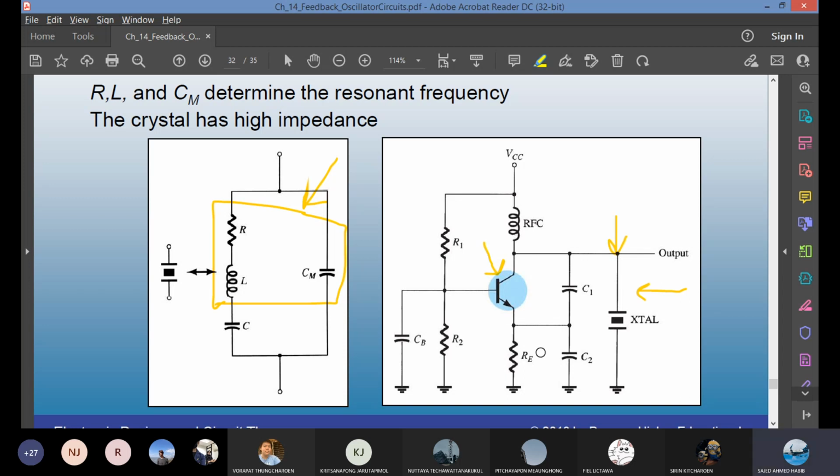If you put the crystal in parallel, the crystal is now vibrating in parallel resonant frequency. In this case, the crystal will have high impedance. In the first case, when you vibrate in series resonant frequency, the crystal will have low impedance. So that's a recap of the crystal oscillator.